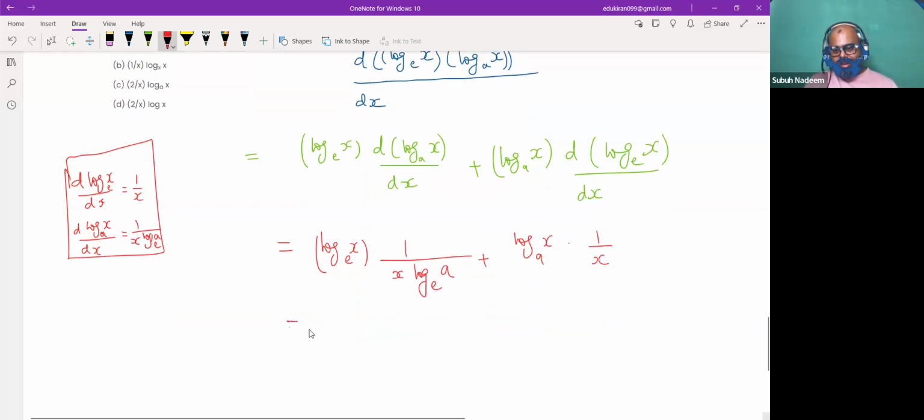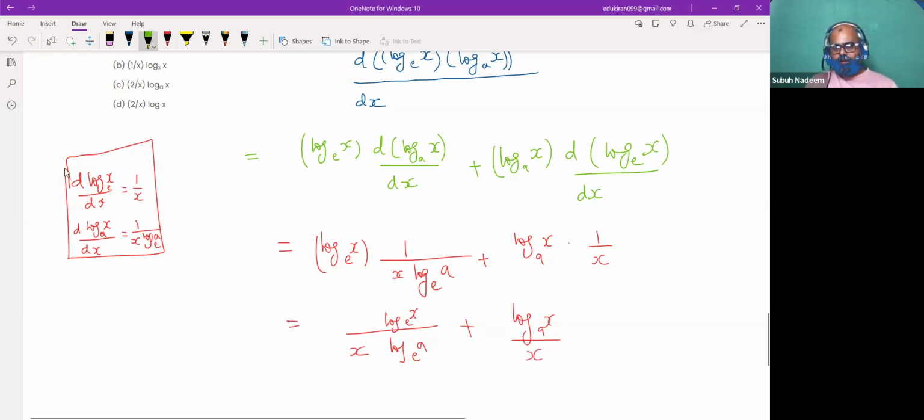Then what we do is, this is 1 by x, and we take this log x to the base e here, and in the denominator we have log a to the base e, plus log x to the base a by x we have.